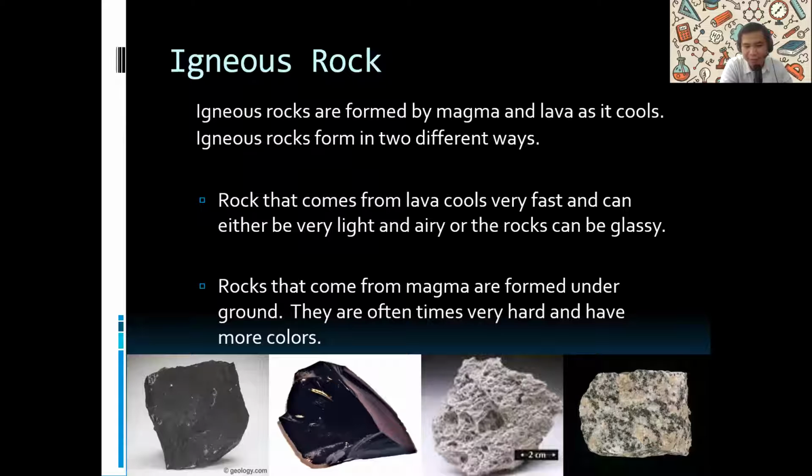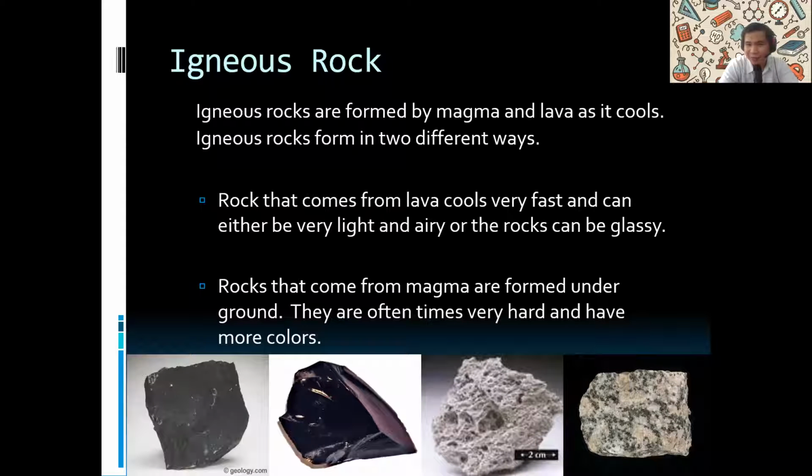They are oftentimes very hard and have more colors. So, the first question, which rock comes from magma and lava? It's of course, obviously, igneous rock. Am I correct? Was that the first question? And yes, I am. That is correct. So the answer to that is igneous rock.